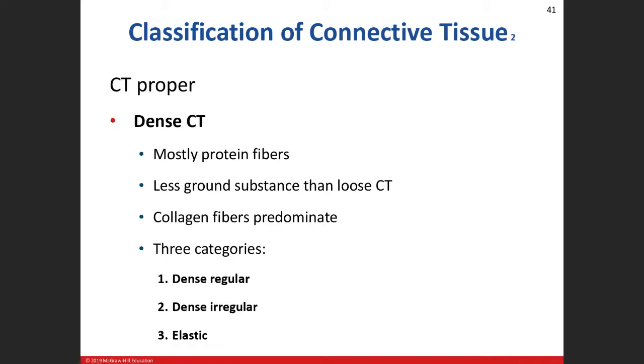All right. The next type of connective tissue proper: you have the loose connective tissue, now we have the dense connective tissue. With dense connective tissue, it's a different type of organization.